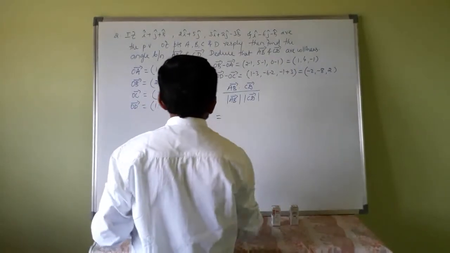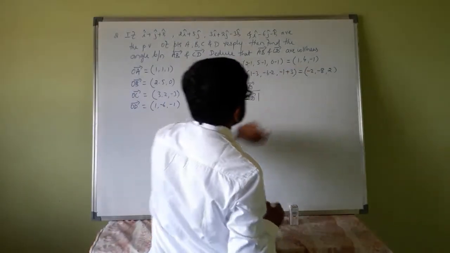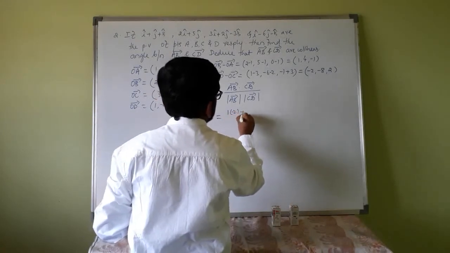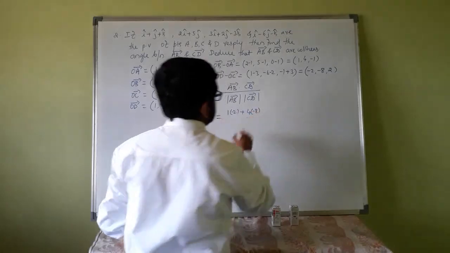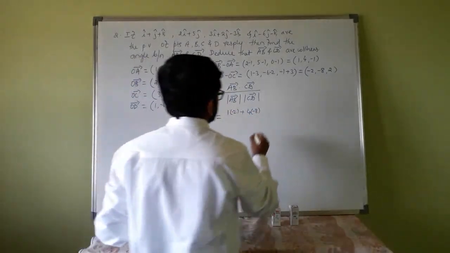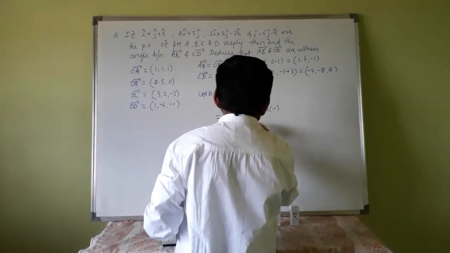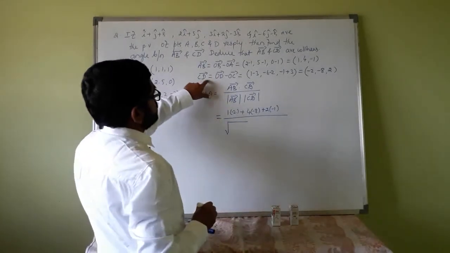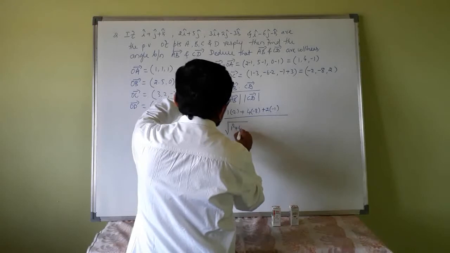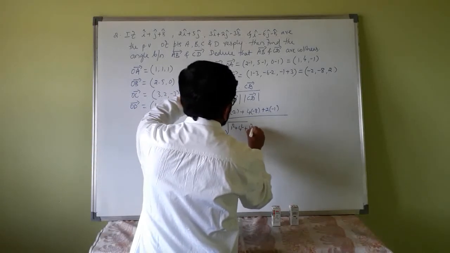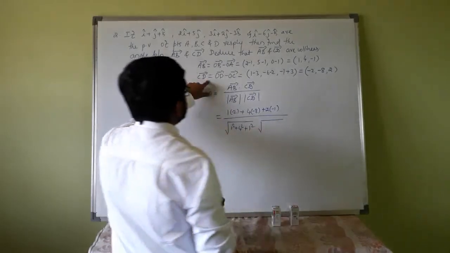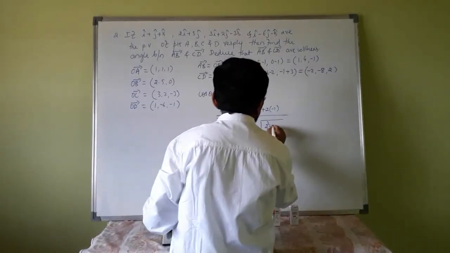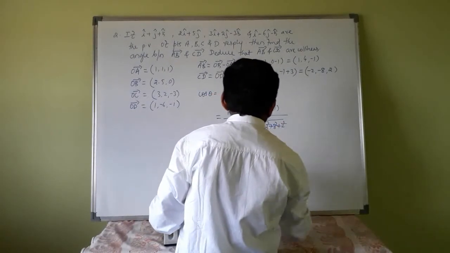AB dot CD is 1 into minus 2, plus 4 into minus 8, plus minus 1 into 2, divided by square root of 1 square plus 4 square plus 1 square, that is root 18, times square root of CD, 2 square plus 8 square plus 2 square, that is 4 plus 64 plus 4.